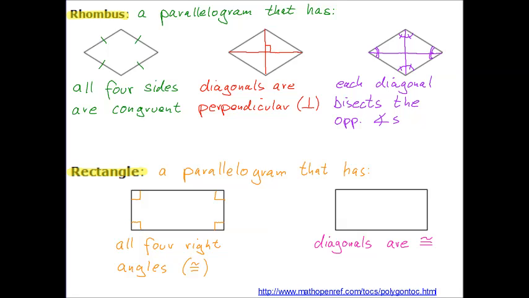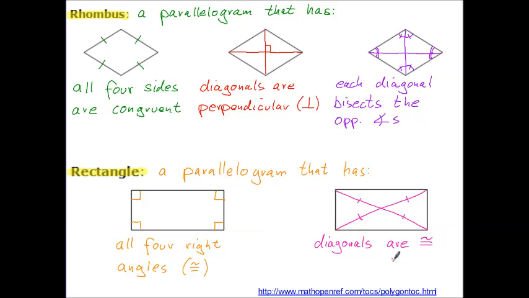Also, in the rectangle, the diagonals are congruent. So if I mark my two diagonals in the rectangle, not only do they bisect each other, which makes these two pieces the same length, but these two pieces are not only congruent to each other, but also congruent to the other two pieces.